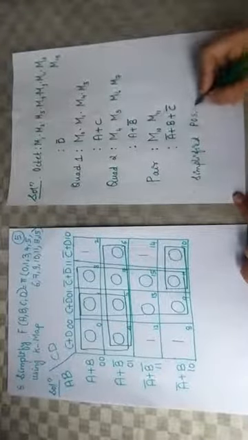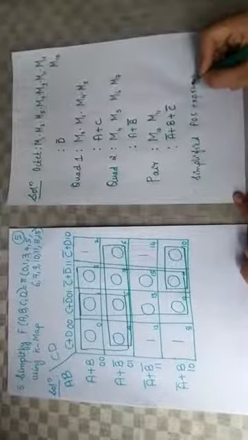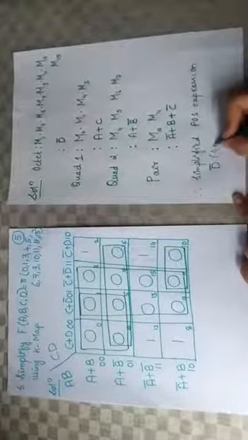So therefore, the simplified product of sum expression is D complement into A plus C, A plus B complement, A complement plus B plus C complement.